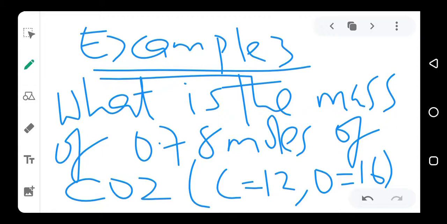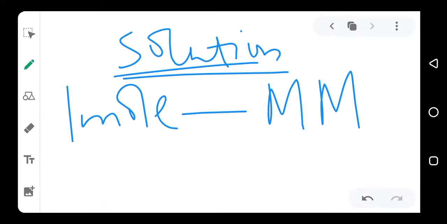In the previous two, it was the mole that we calculated, but here we are looking for the mass of the substance. The same principle of calculation applies. So we have to get the molar mass of the substance.